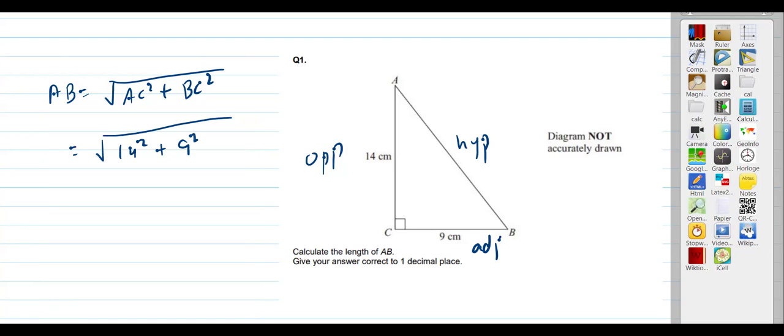So calculate it: just 14 square plus 9 square, square root. Directly on the calculator you have to calculate this one. Understood or not? That's pretty simple. Without any difficulty, you guys can do that.